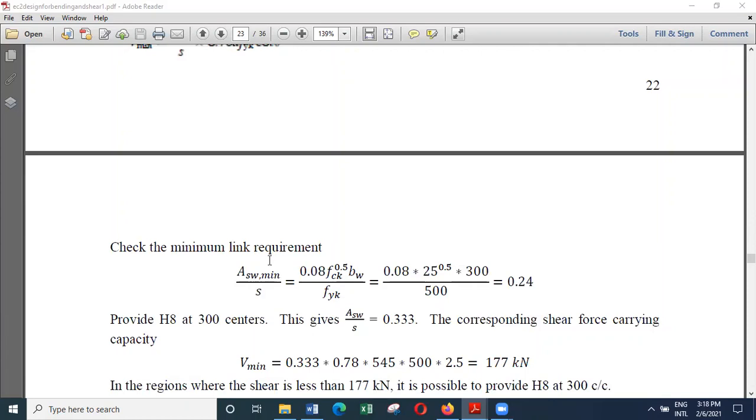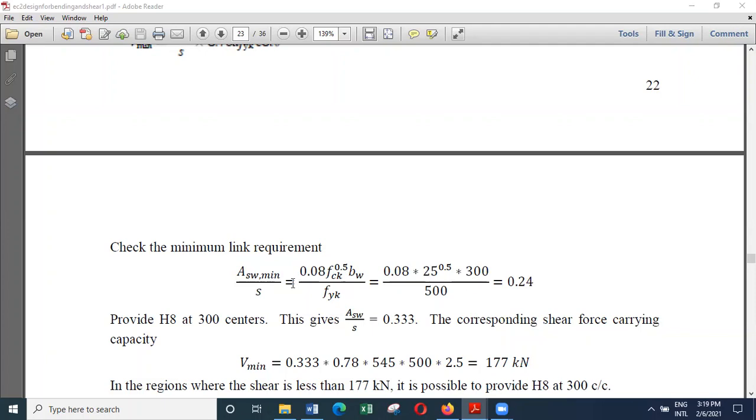So the minimum ASW over S is equal to 0.08 FCK to the power of 0.5, 25 to the power of 0.5, width is 300, the strength of steel is 500, so you get 0.24.